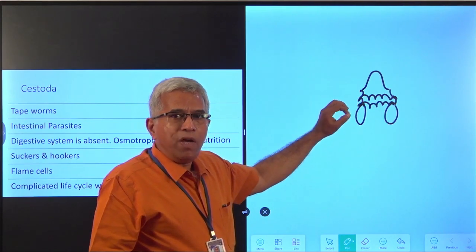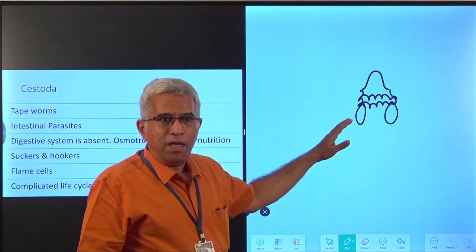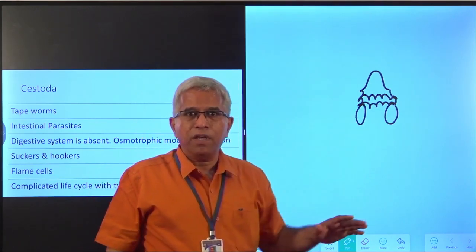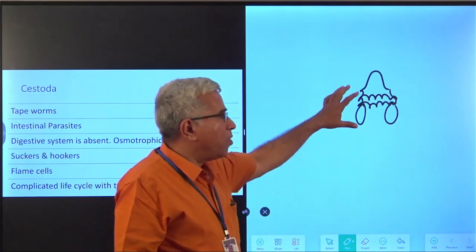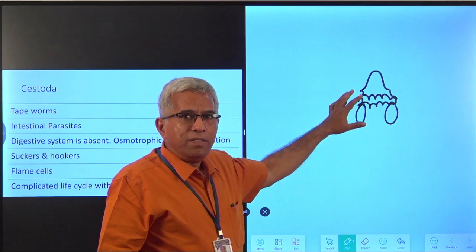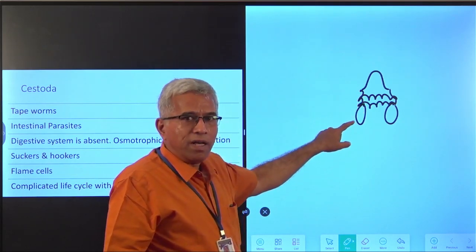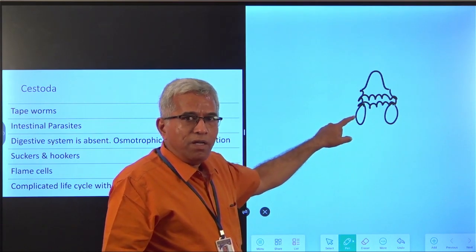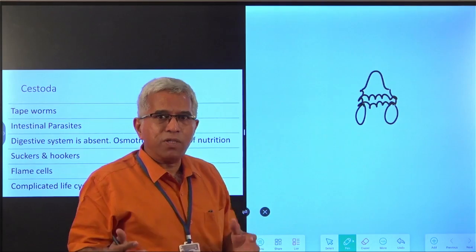It should not be called a head because of the absence of sensory organs. If the sensory organs are absent, you can't call that structure a head. But because of the presence of hooks and the 4 suckers, you can call it an organ of attachment or hold fast organ.